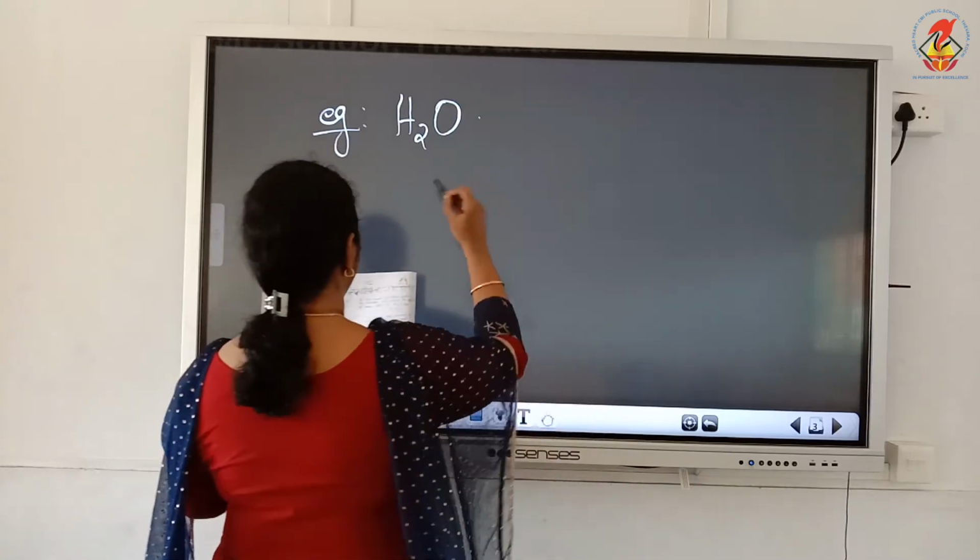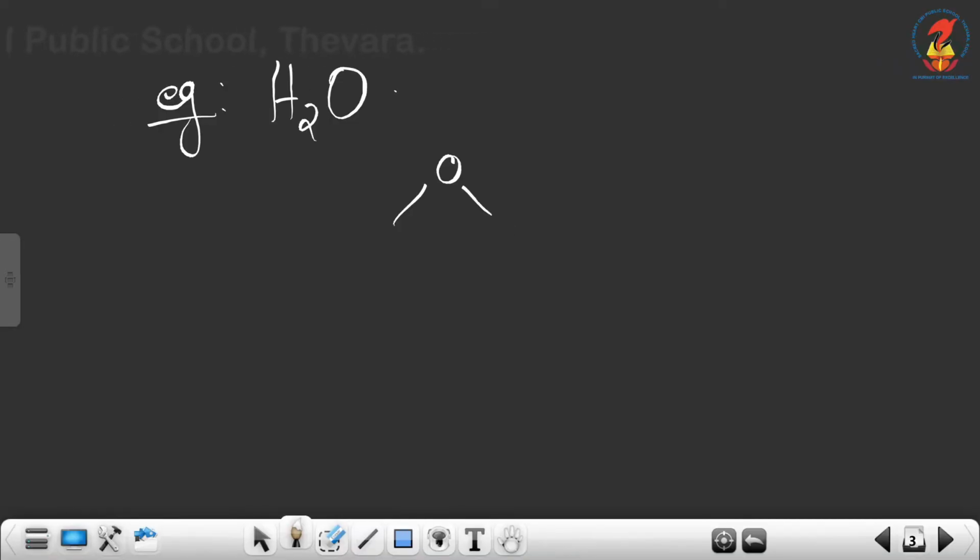Now we are going to show the dipole moment in water molecule. Since this is a polar molecule, it possesses some dipole moment value. The shape of water molecule is bent, like this. Oxygen is more electronegative. How will you show the dipole moment? There are two OH bonds in water.